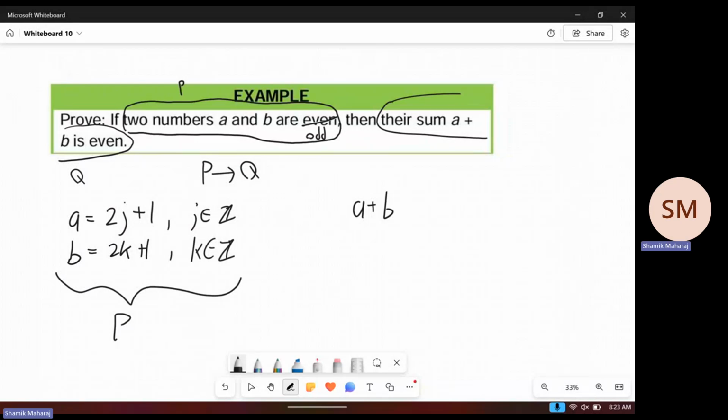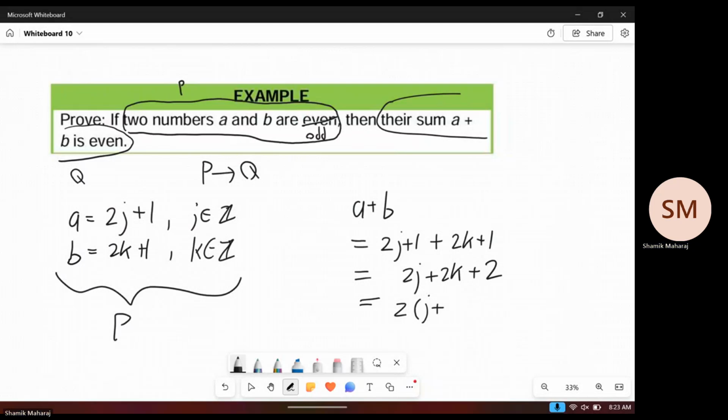I just substitute the A, which I wrote on the left, 2j plus 1, and the B is 2k plus 1. So this becomes 2j plus 2k plus 2. Just like before, I can factor the 2 out because it's common: 2 times (j plus k plus 1), which is always even, right? Because it's something multiplied by 2.